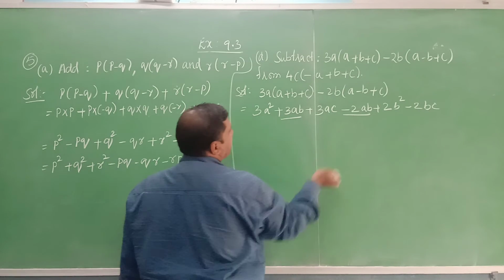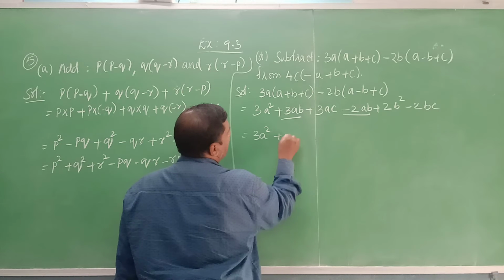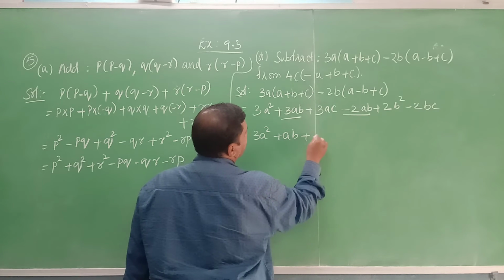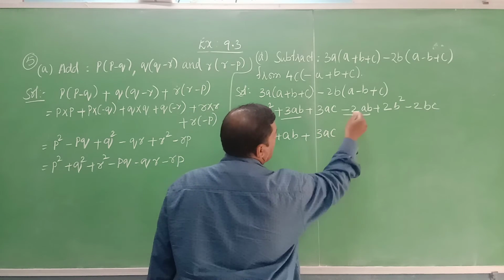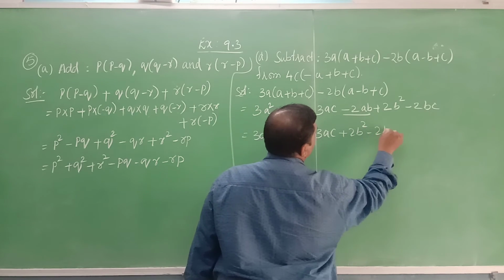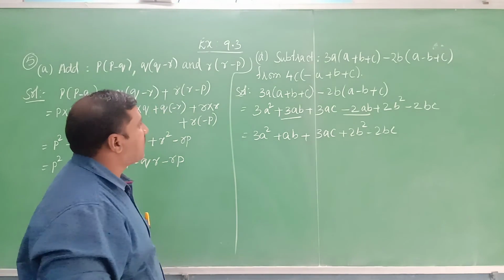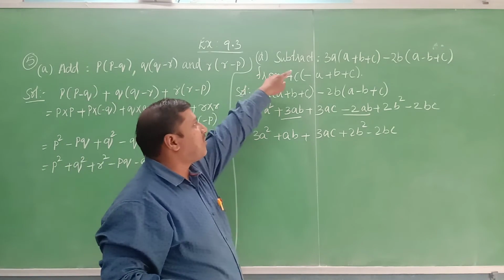Now what we get is 3a square plus ab plus 3ac plus 2b square minus 2bc. This is the first expression in simplified form.